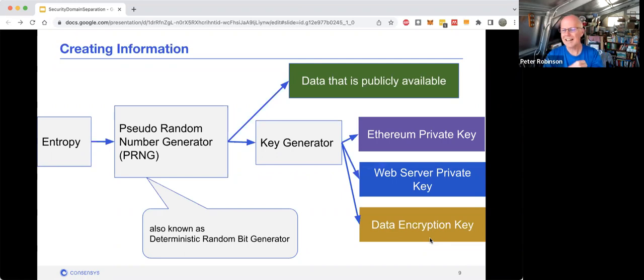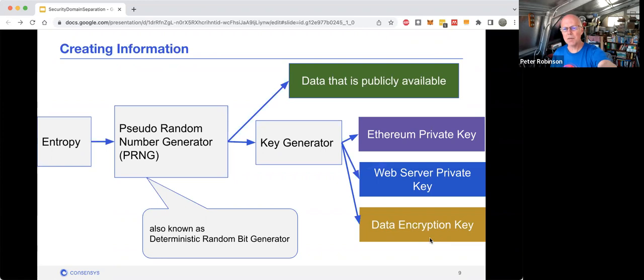Entropy is uncertainty. It's pure random information. The idea is you put the entropy into the PRNG, and then you can produce pseudo random values, so values that look a bit random and are hopefully hard for people to attack.